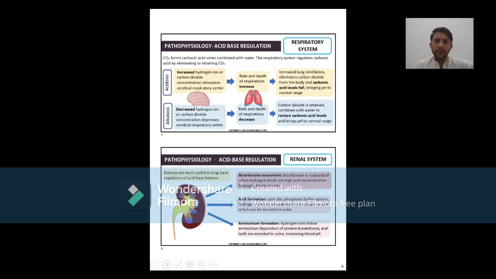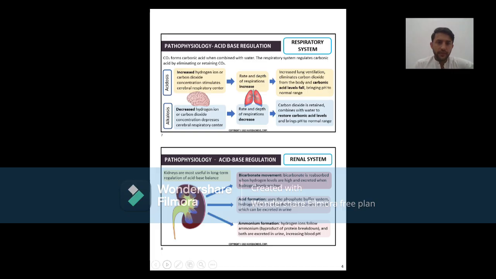In alkalosis, decreased hydrogen ion and carbon dioxide concentration depress the respiratory center. It decreases the rate and depth of respiration. Carbon dioxide will be retained inside the body, combine with water to restore the carbonic acid level and bring pH back to the normal level.